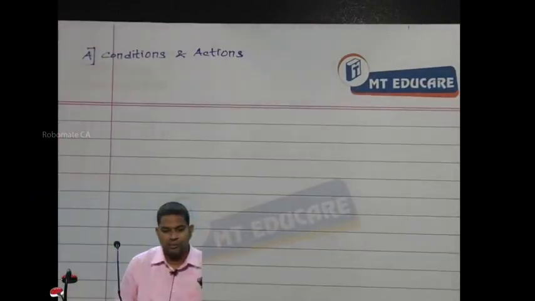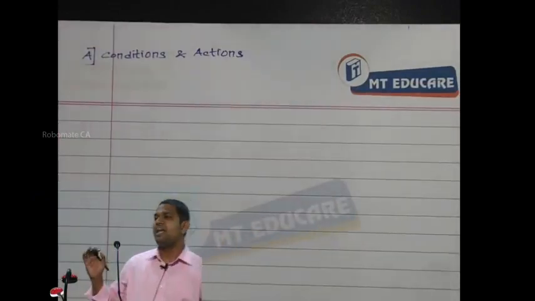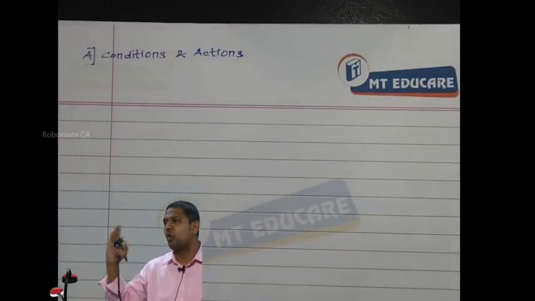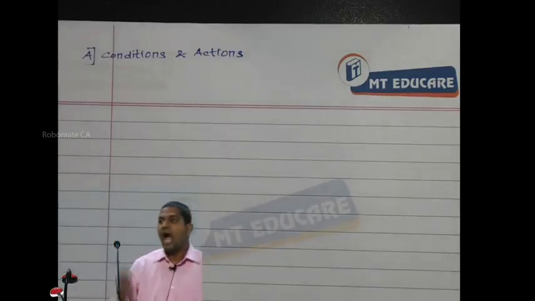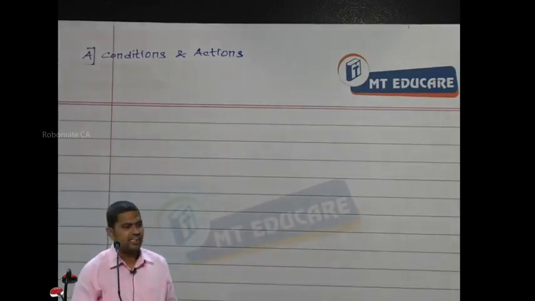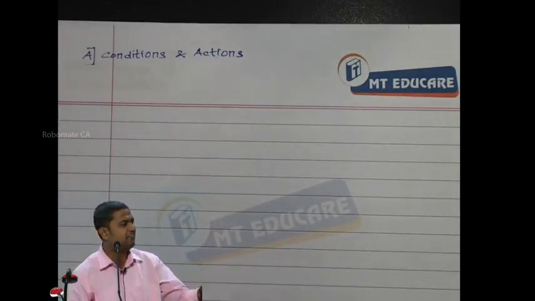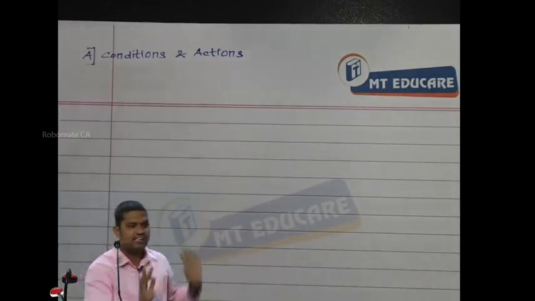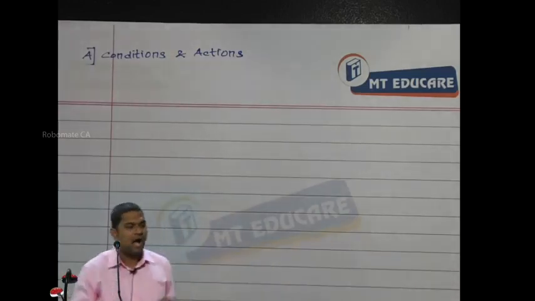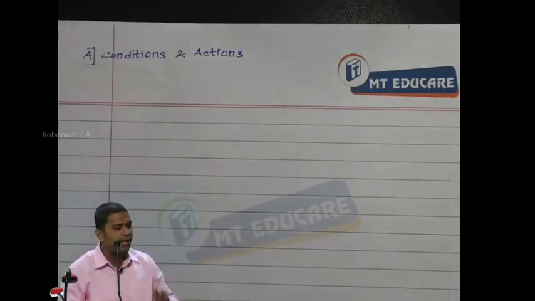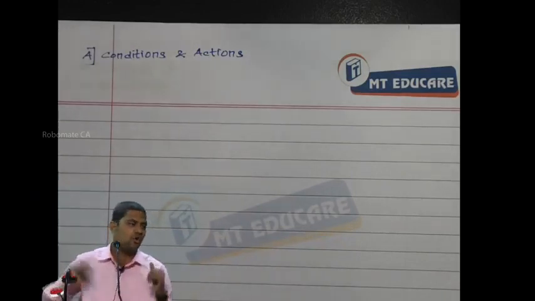Concentrate hard. I will name all the conditions as C1, C2, C3, C4, C5, C100, whatever conditions are available. And whatever actions are to be performed, I will call them A1, A2, A3, A4, A5 and so on.